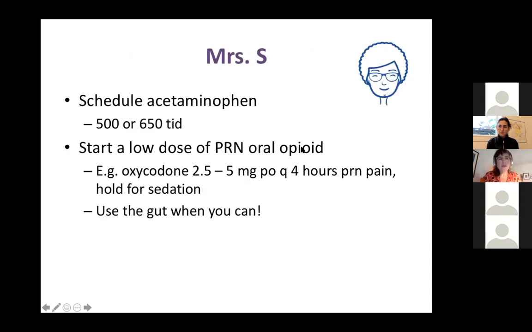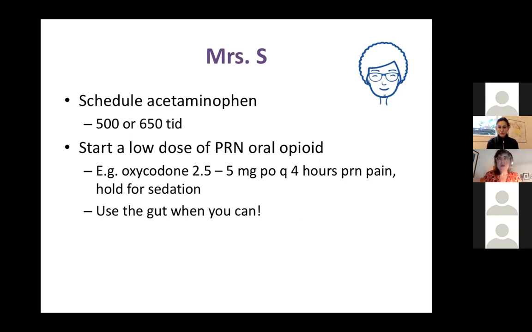So again, the best answer for her, I think, would be the oxycodone, scheduling the Tylenol and adding a low dose of as-needed oxycodone, Q4 hours, hold for sedation. Why the oxycodone rather than the morphine? When I can use the gut in general for any medication in the hospital, I do, for a variety of reasons.